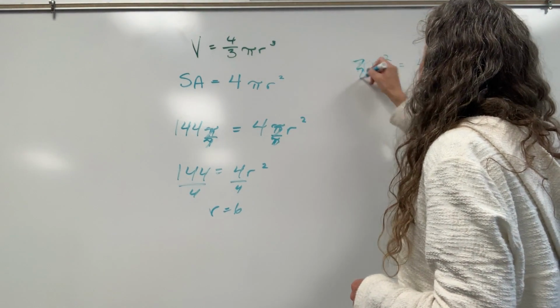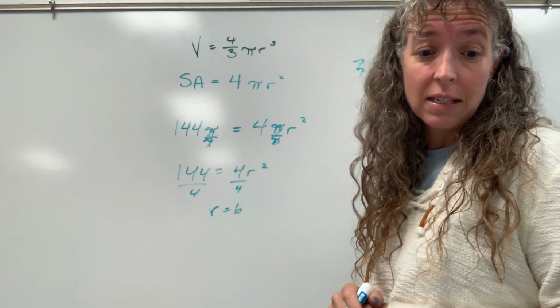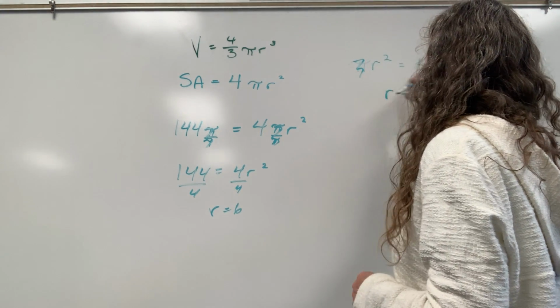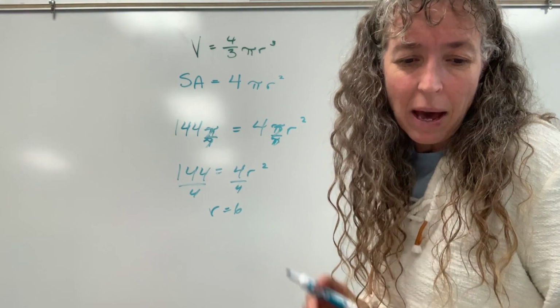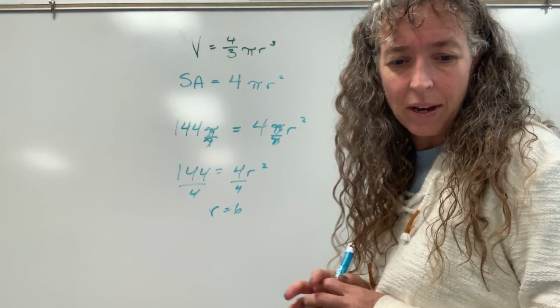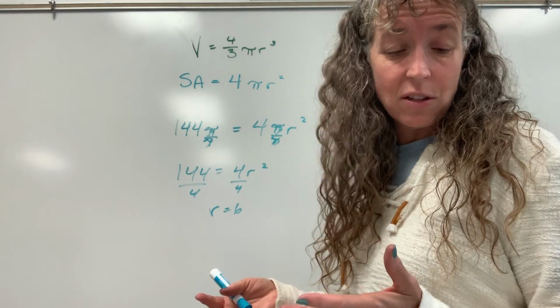Okay, so we can divide by pi. Okay, we can square root, and we would get that our radius is 2. Right, if I square root here. So now that I have the radius of 2, I can plug that into my surface area formula to get the surface area.